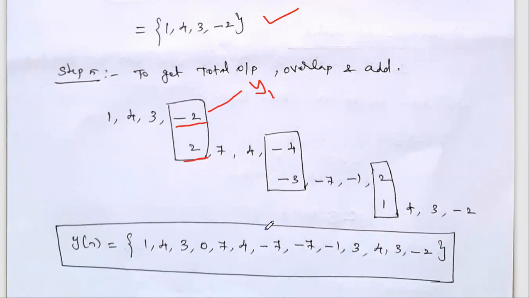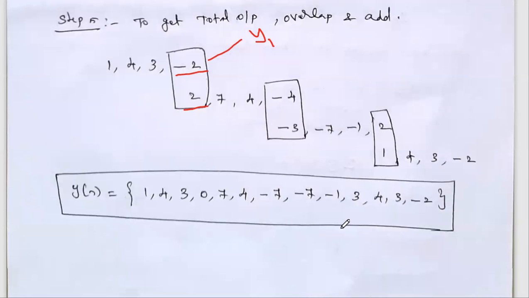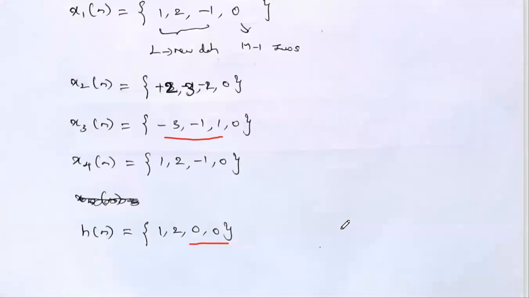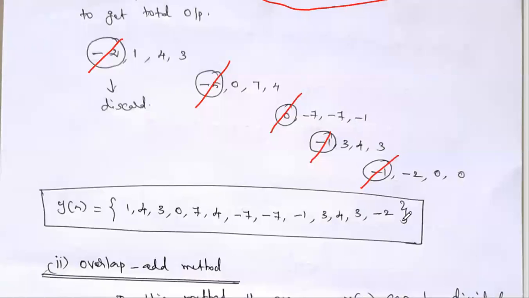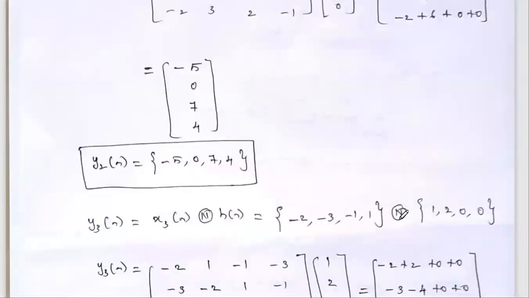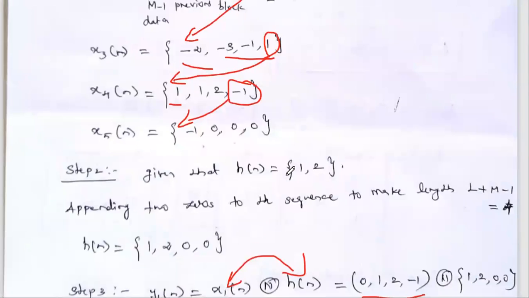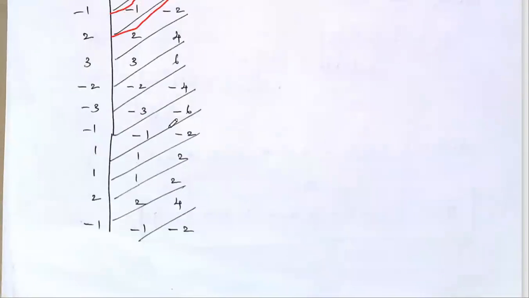Then 7, 4, minus 4 minus 3, minus 7, minus 7, minus 1, 2 plus 1, 3, 4, 3, minus 1. This is the output. You can check this output is the same as that of the overlap save method, as well as the direct linear convolution method.